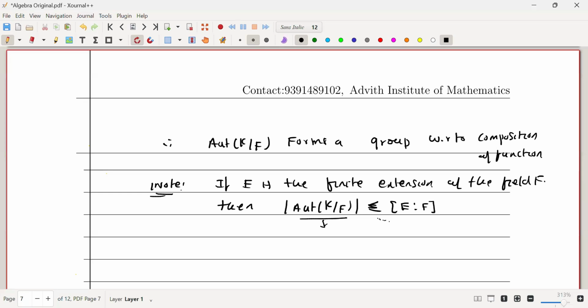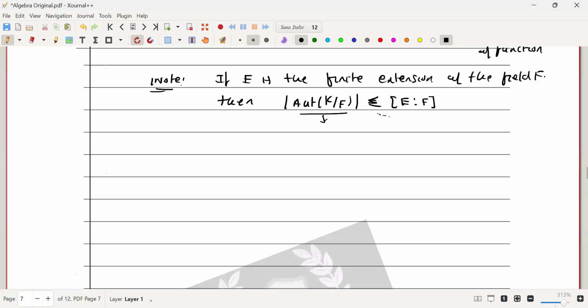Next one, Galois extension. Let K over F be a finite extension.